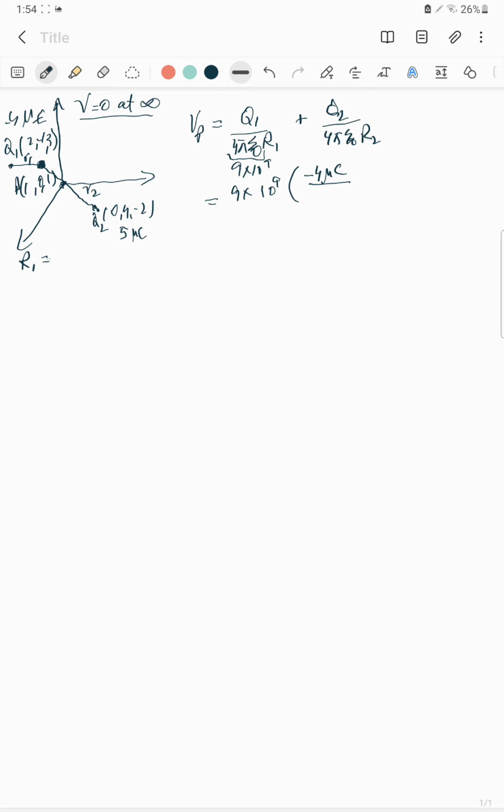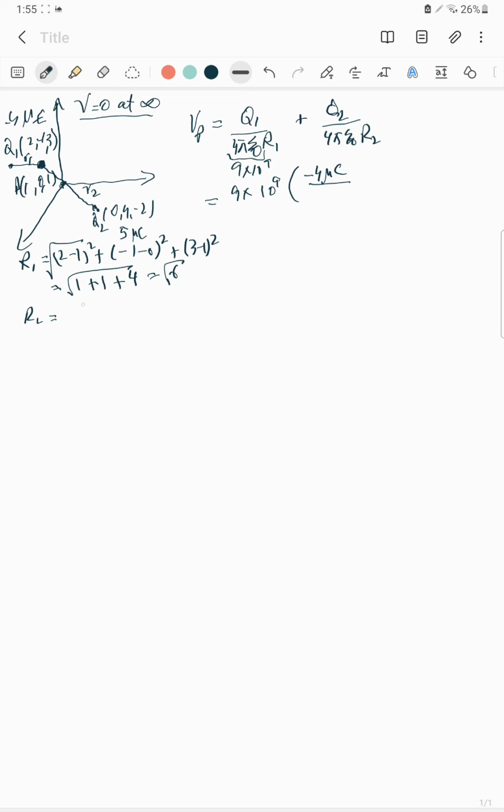R1 equals the square root of (2 minus 1) squared plus (minus 1 minus 0) squared plus (3 minus 1) squared, so that will be the square root of 1 plus 1 plus 4, which is square root of 6.